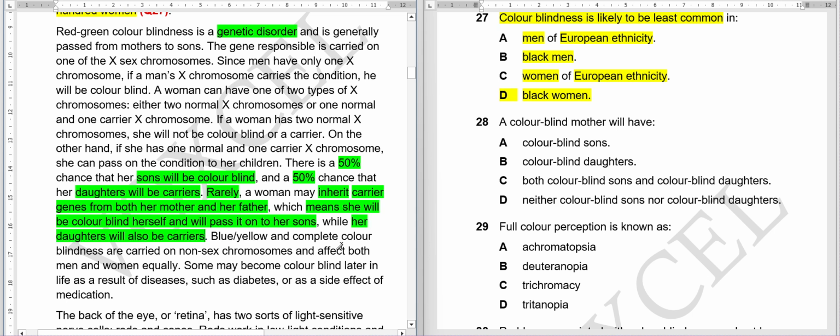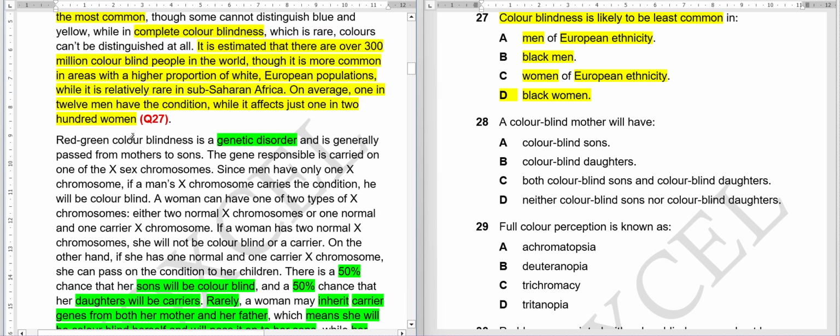Blue, yellow, and complete color blindness are carried on non-sex chromosomes and affect both men and women equally. If we talk about blue and yellow and complete color blindness, it is non-sex chromosomes and it affects women and men equally. But red and green color blindness is a genetic disorder and is passed from mothers to sons.